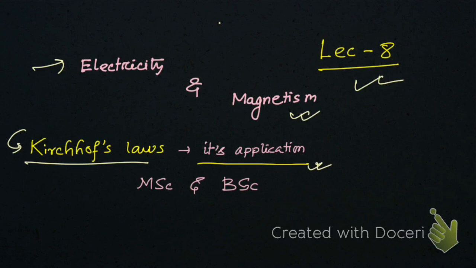So now let's start. There are two Kirchhoff's laws. First one, which is also known as junction law.